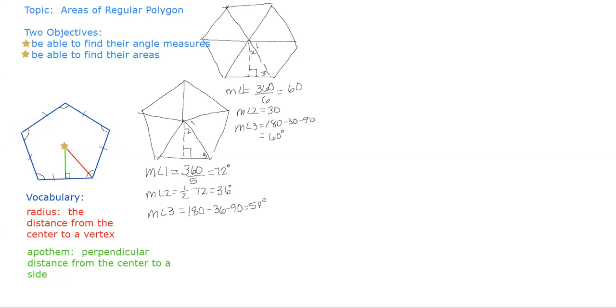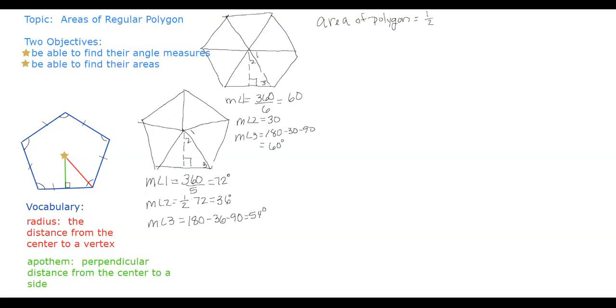Another theorem is that the area of a regular polygon is half of the product of the apothem and the perimeter. So there's your formula. So the area of a polygon is equal to 1/2 times A times P, where A is the apothem and P is the perimeter.